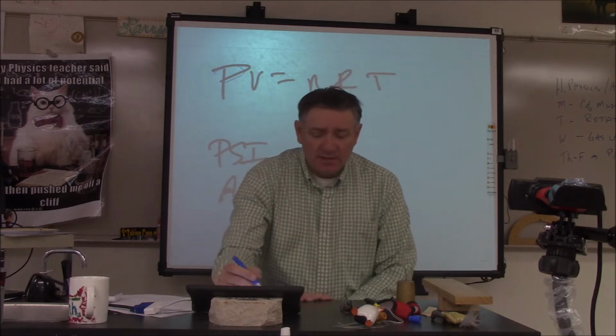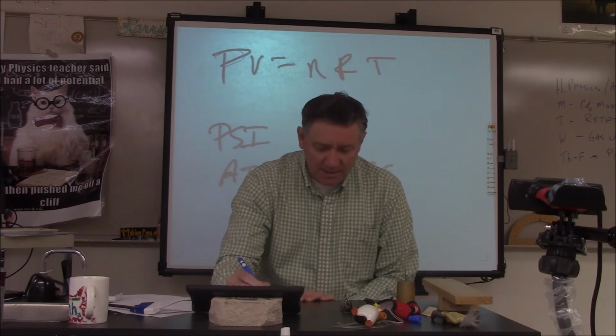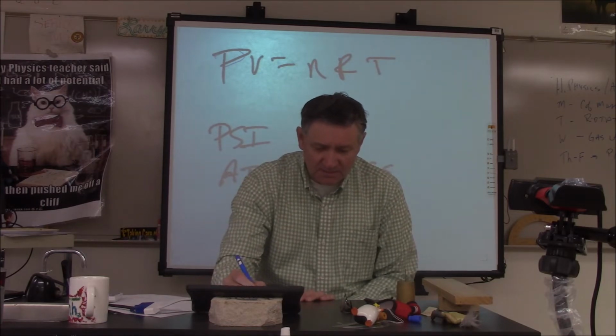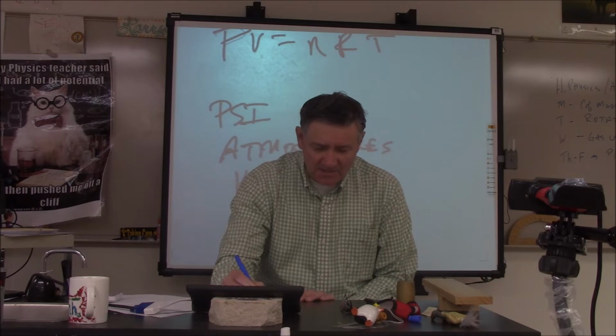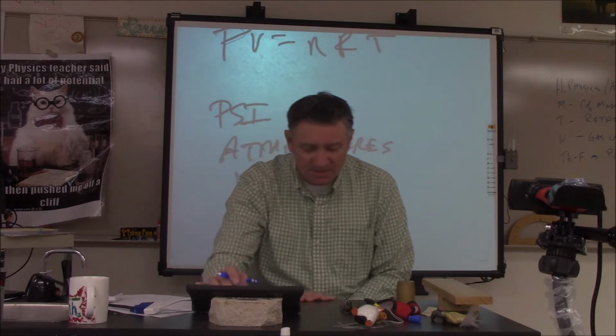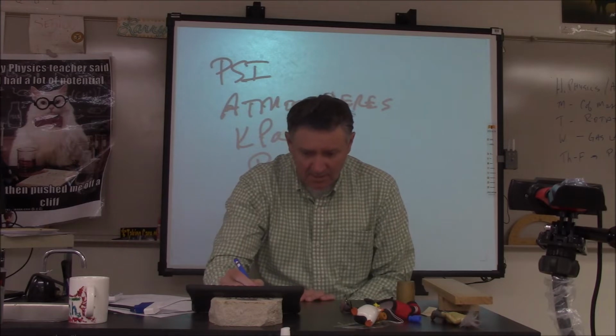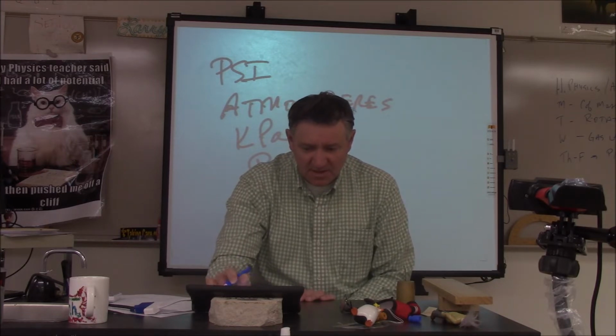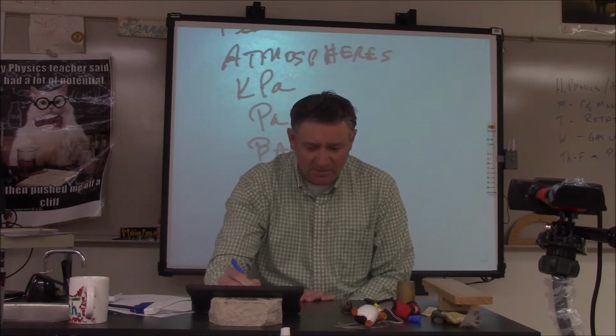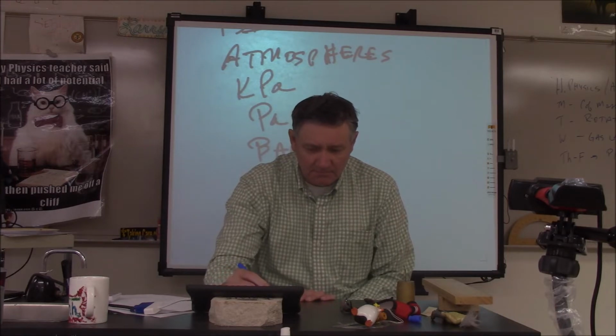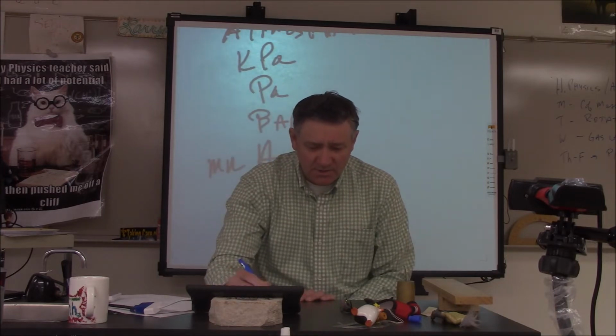Then you could also have kilopascals, you could have pascals, and that's what we're going to talk about in just a second. And then you can also have bars, millimeters of mercury, inches of mercury.